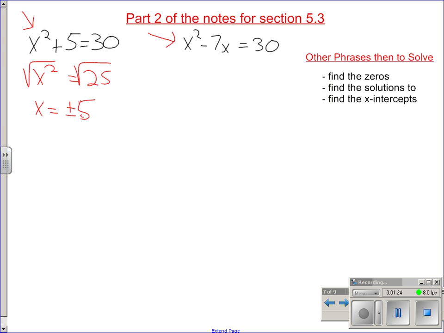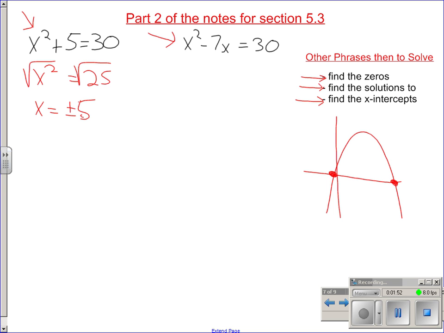When you're solving quadratics, there's lots of different ways to say it, but they all mean the same thing: find the zeros, find the solutions, find the x-intercepts. The reason for that is, here's a quadratic. The zeros are x values that make the function equal 0.